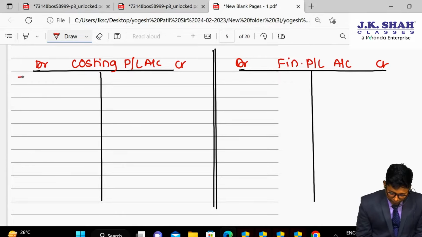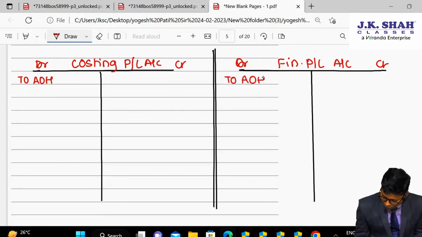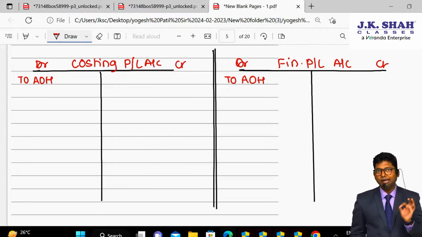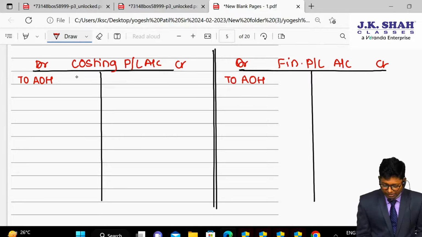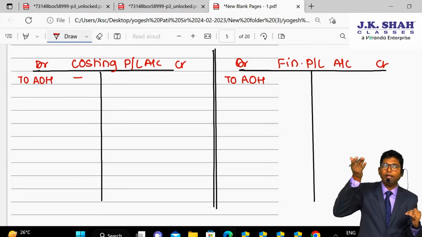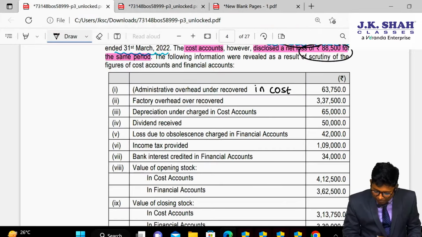First of all, these admin overheads are your expenditures, and that's why I am showing this expenditure on the debit side. When the question says admin overheads are under recovered in cost, that means they are under recorded in cost. That means the amount is over recorded in the finance. How much is the amount over recorded in the finance?